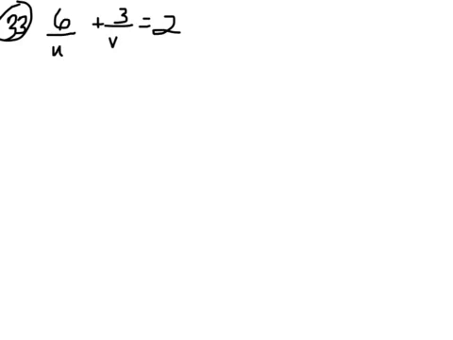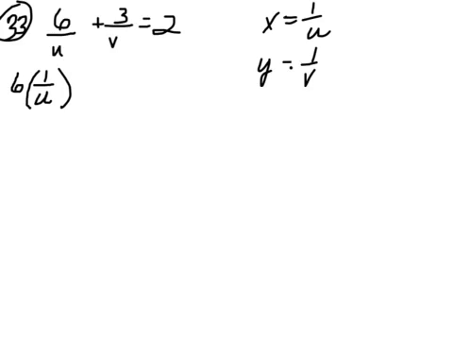Okay. So what they're telling us to do in the instructions is saying let x equal 1 over u and y equal 1 over v. So we actually have to do that here. So how am I going to break this apart? What is this telling me to do? Well, 6 over u, do you agree with me that I could change that into 6 times 1 over u? It's equal to that if you look at it.